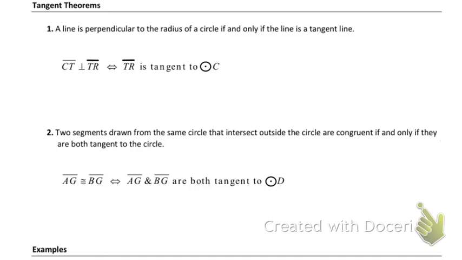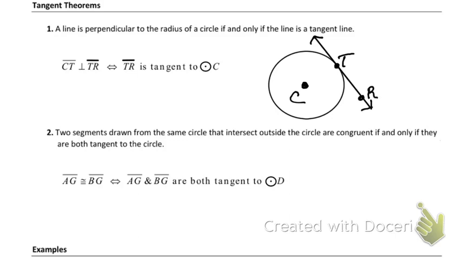So let's draw that picture. So let's draw circle C. And let's draw a line tangent to it. Tangent means it can hit one place. We'll say it hits at point T, because that will match what I have on the left-hand side, and this is R. All right, this says that CT is perpendicular to TR.